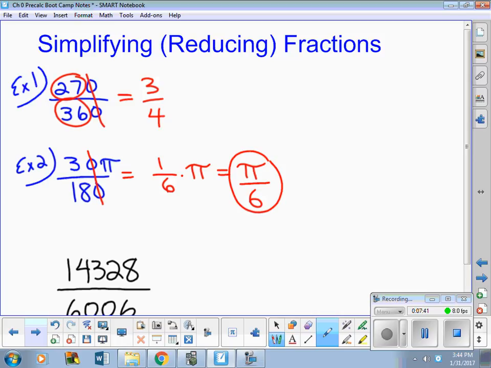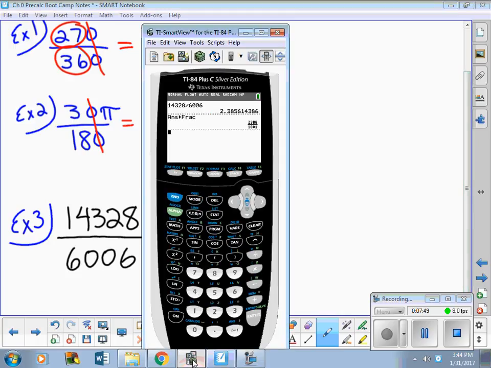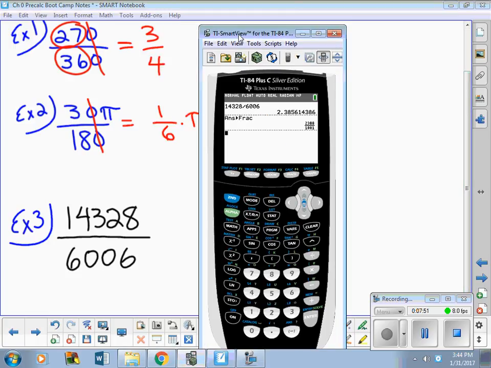Example 3, down below. Just wanted to see if we could handle a large fraction. All right. So if we had to simplify this fraction, I can put it into my calculator. I can go into math, and you'll see right away the very first button under the math catalog is frac.